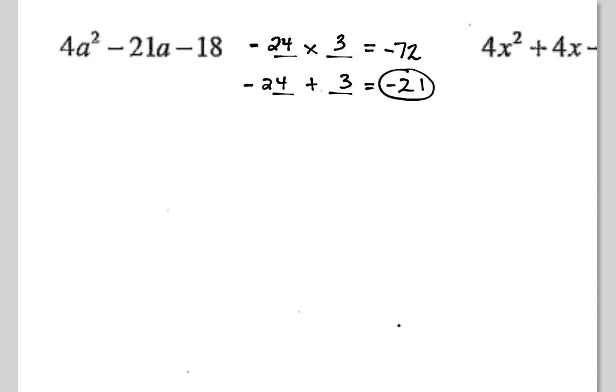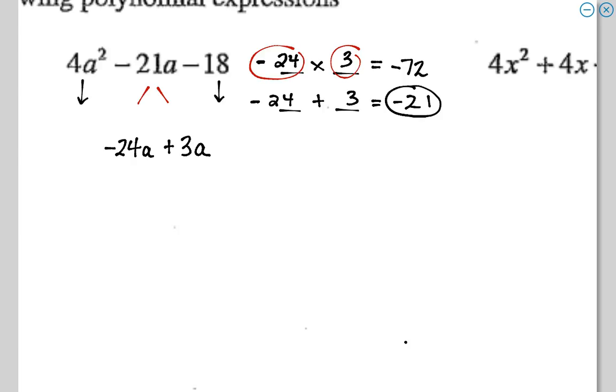Now what do I do with those two special numbers? I use these two special numbers to break down the middle into a 4-term factoring. So negative 21a will be negative 24a plus 3a. I'm not going to change the front or the back.